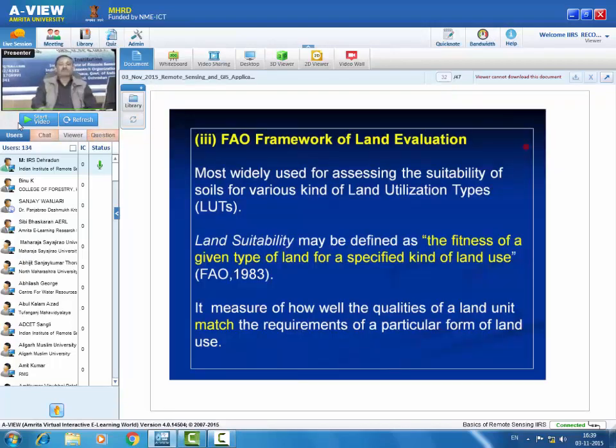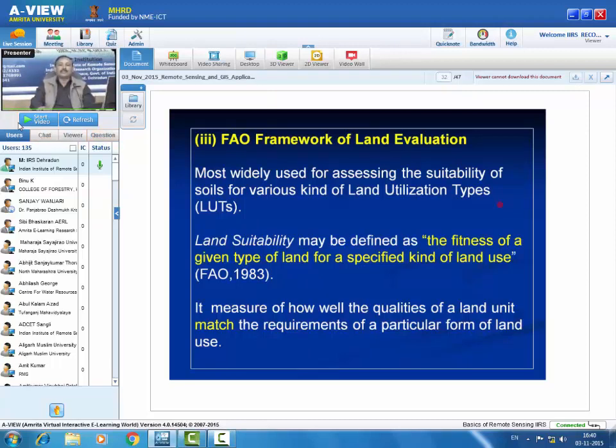Then the third evaluation we do is the FAO framework of land evaluation. This is the most widely used method for assessing the suitability of land or soil for crops. Suppose I want to know whether my soil is suitable for wheat, maize, gram or any pulses.